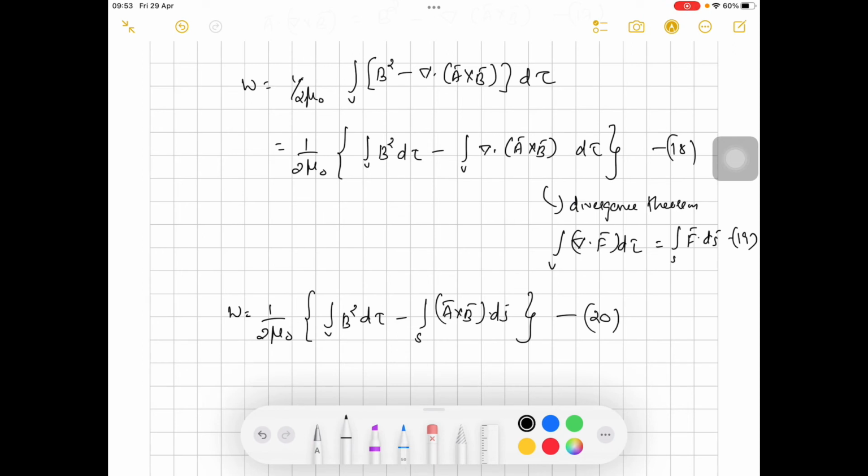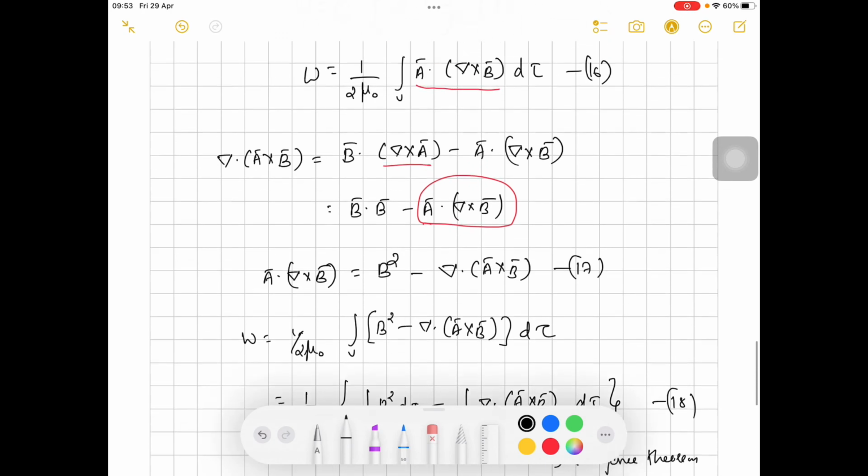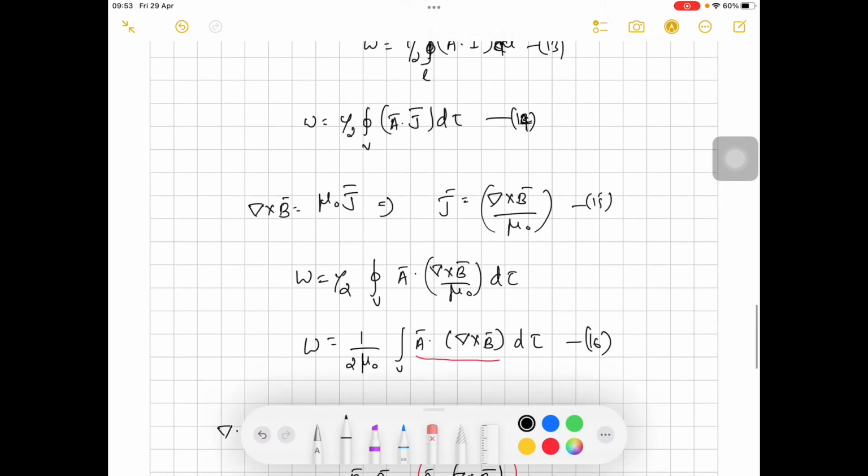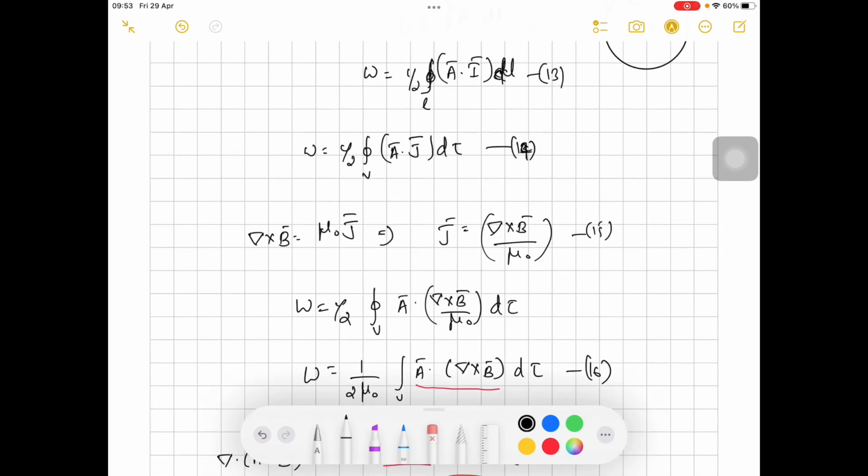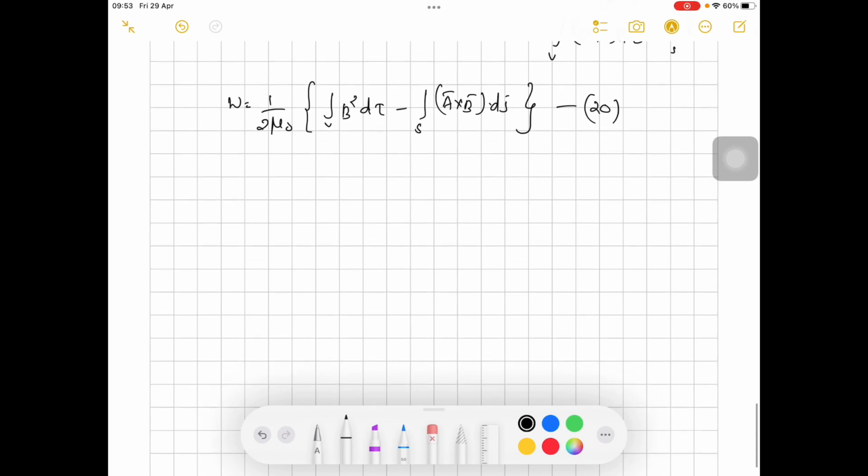And we already wrote some equation: W is equal to 1 by 2 volume integral A dot J d tau, from equation number 14.